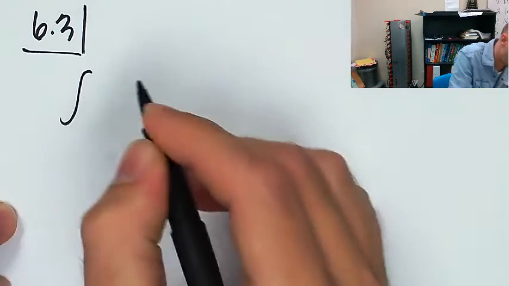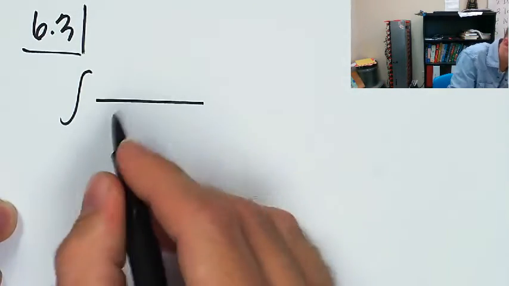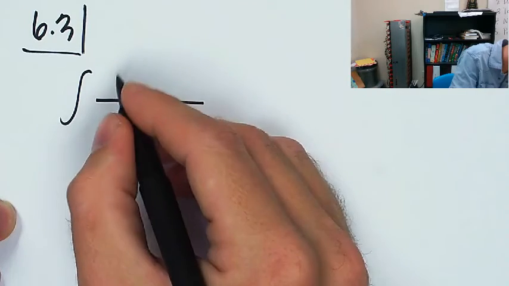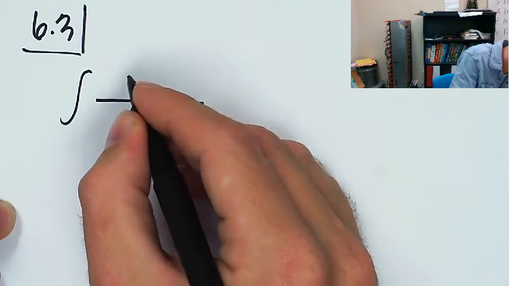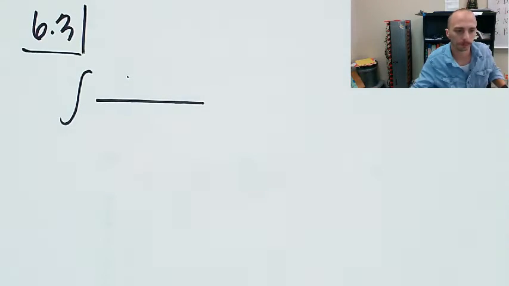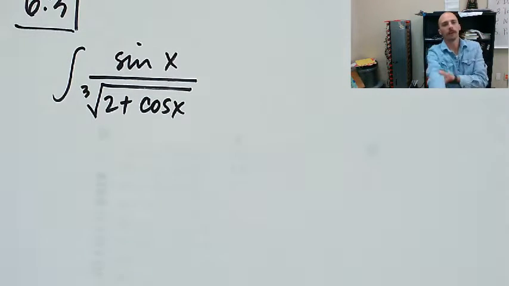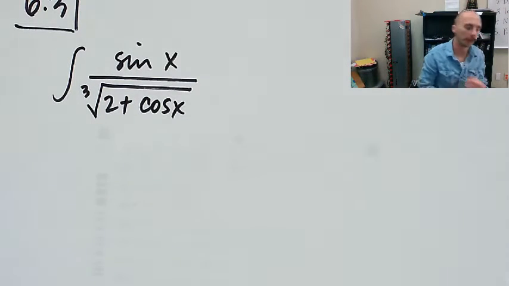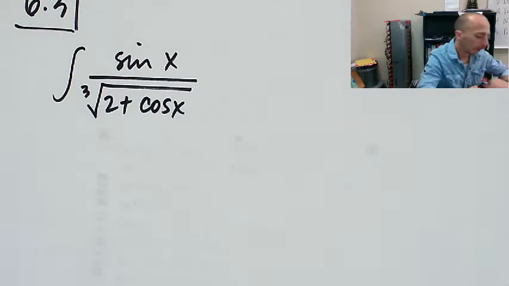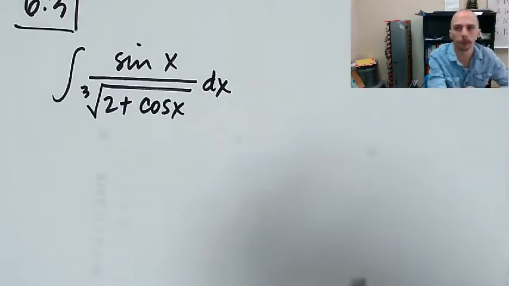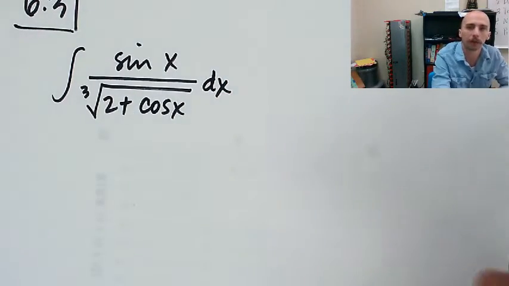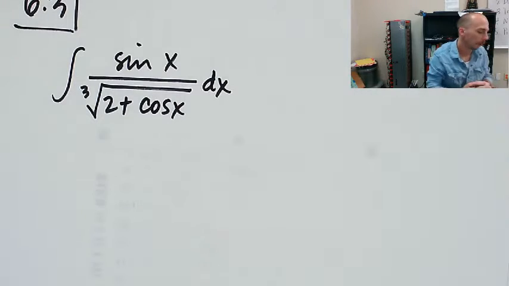Maybe the antiderivative of sine of x divided by the cubed root of 2 plus cosine x. At this point, as far as integration strategies, and that's something we'll talk a whole lot more about next semester, if you look at something and it looks pretty complicated and there's not anything you can do for it algebraically, it's got to be U-substitution.